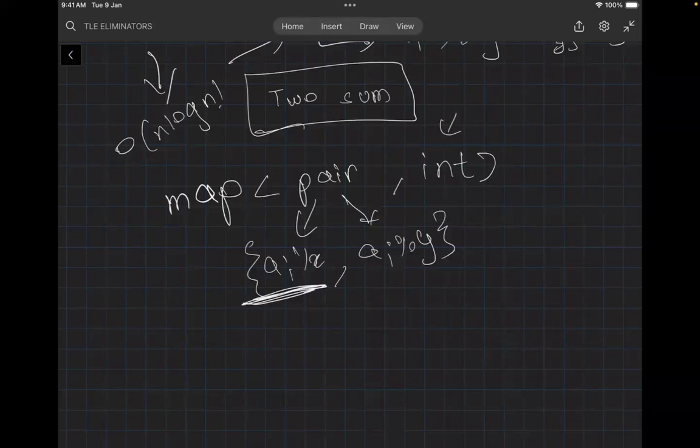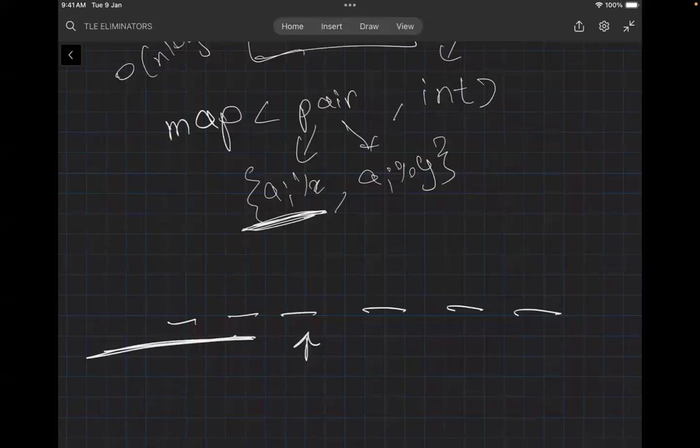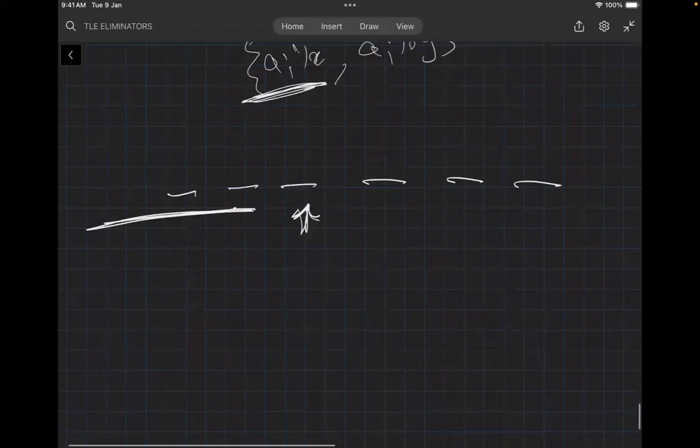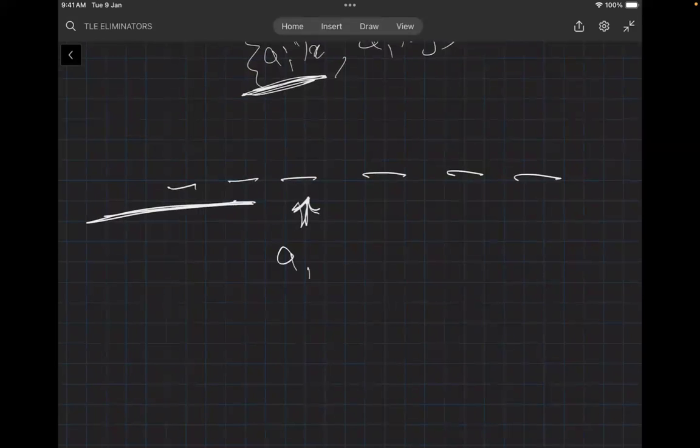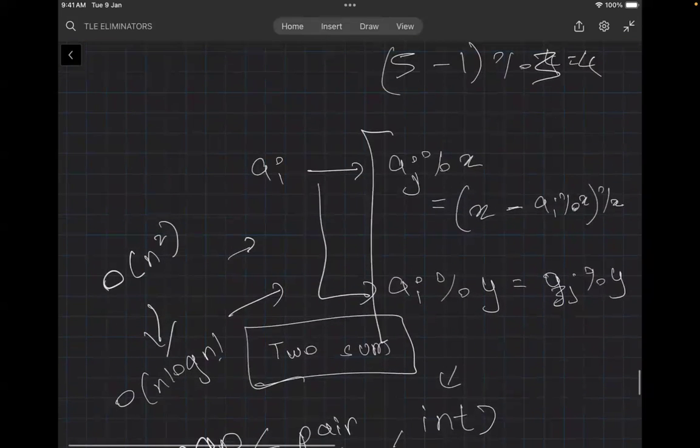Now, when I'm iterating through the array, let's say I'm at a particular I and I've pre-computed some amount of prefix. If I know AI, I know what AJ mod X should be, and I know what AJ mod Y should be from these two equations.